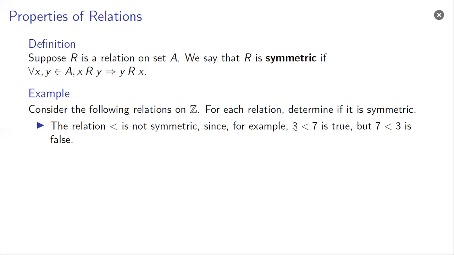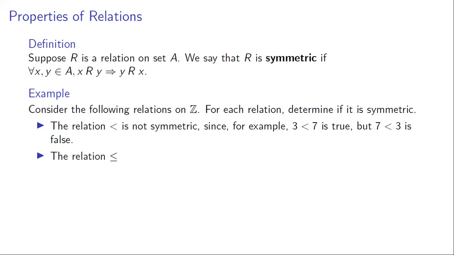So the if part is true, however, the then part is false. Now, what happens when you have a conditional statement where the first part is true and the second part is false? Well, if you remember, the entire statement is false. So this shows that this relation is not symmetric.